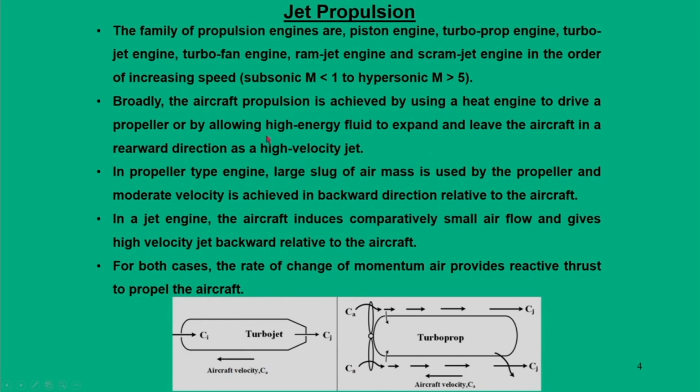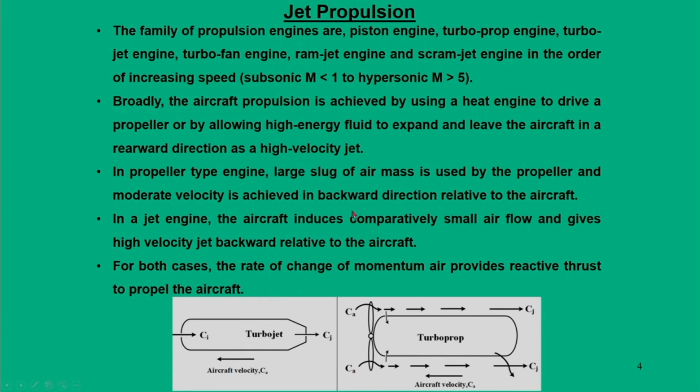This is what happens in a turbojet engine, and in a turboprop engine a large mass of air enters from the front end, through the propeller, and this gives the necessary thrust, for which a moderate velocity is achieved in the backward direction relative to the aircraft.